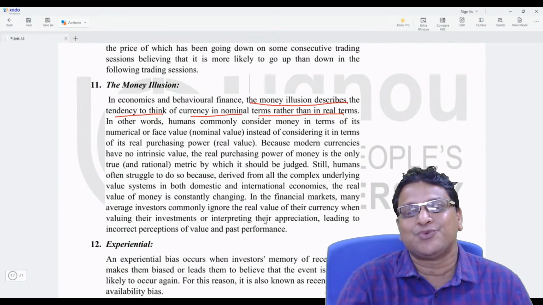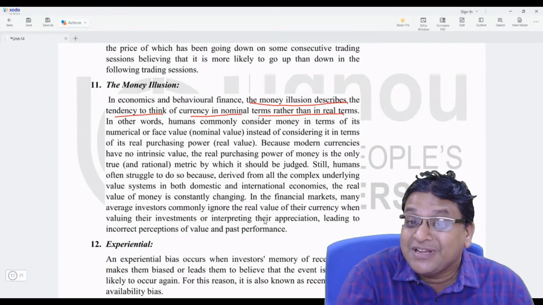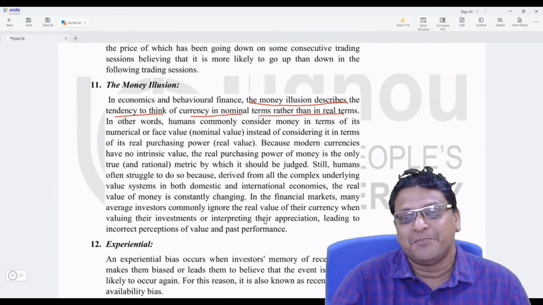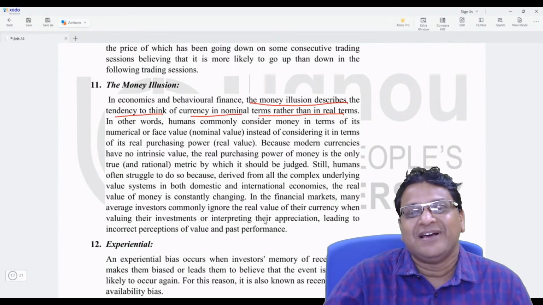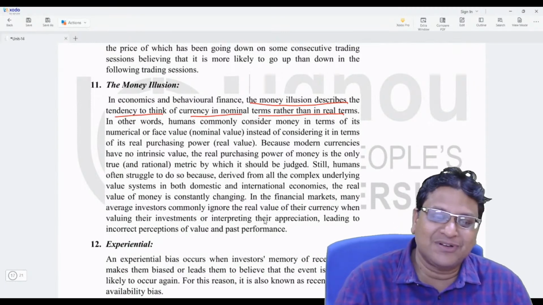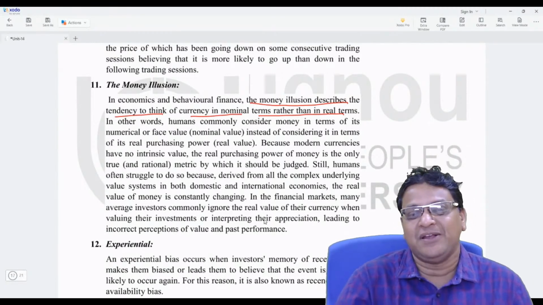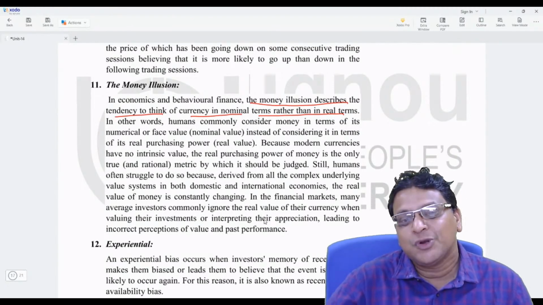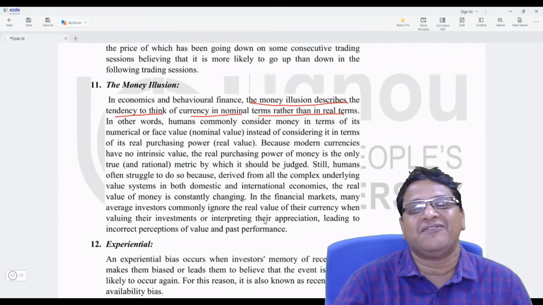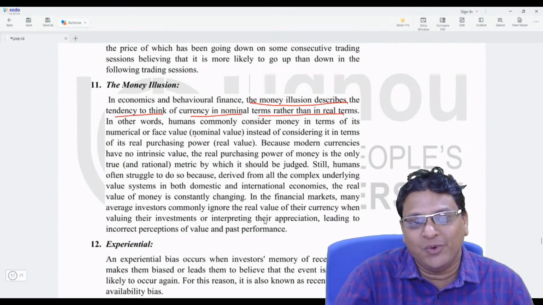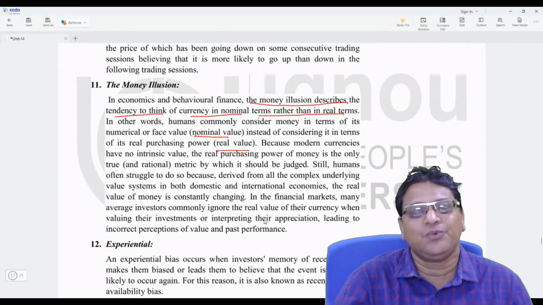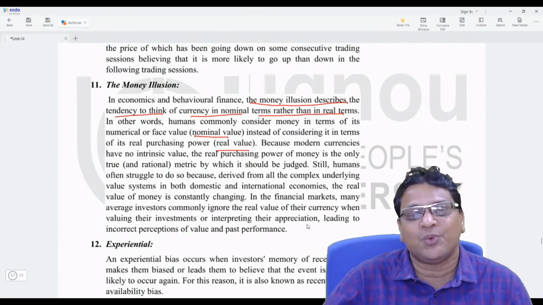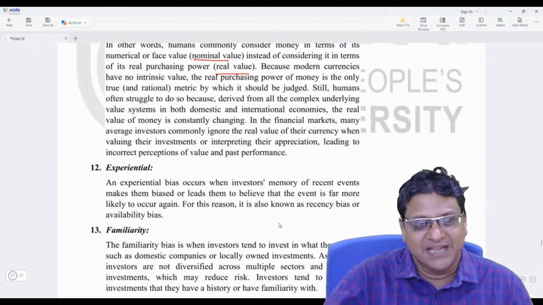They say that I lost 1 lakh, but what is the real worth of that 1 lakh? People do not consider real value. They only consider the nominal value. When we adjust the inflation effect with nominal value, we get real value. But people think only in nominal, they do not think in real, and this is known as money illusion bias.